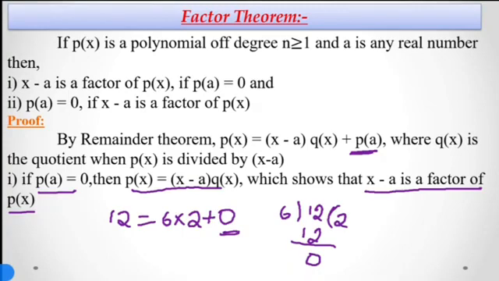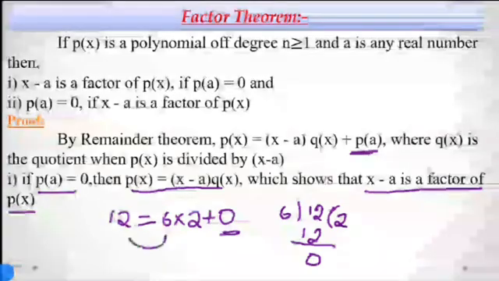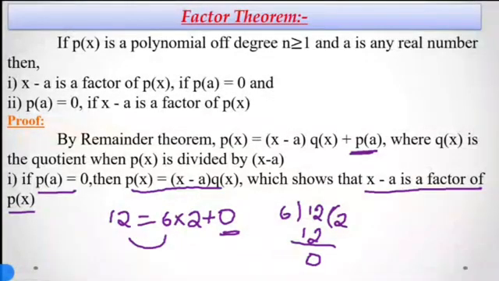That means we can say 2 and 6 are factors of 12. So we can say that 12 is a multiple of 6. Right, children? I hope everyone studied these steps in the early classes.